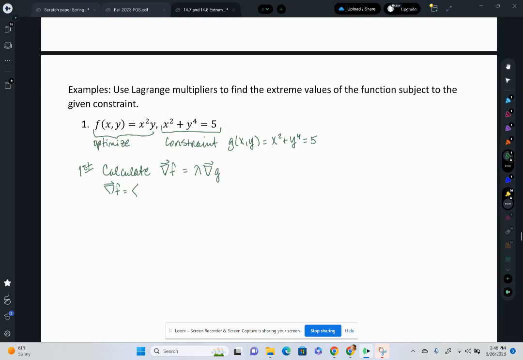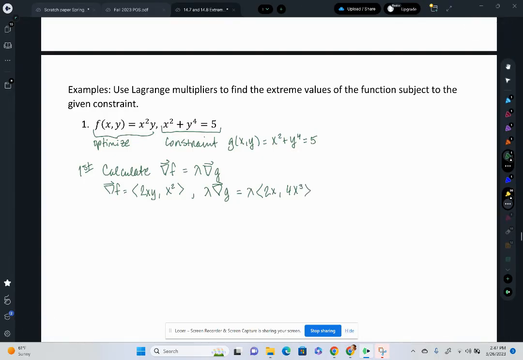So our function f of x, y equals x squared y, the first partial with respect to x is 2xy. The first partial with respect to y is just x squared. And then I need to also calculate lambda times the gradient of g. So that's going to be lambda times the vector that has the first partial derivatives of g. The first partial derivative with respect to x is 2x, and with respect to y is 4y cubed.